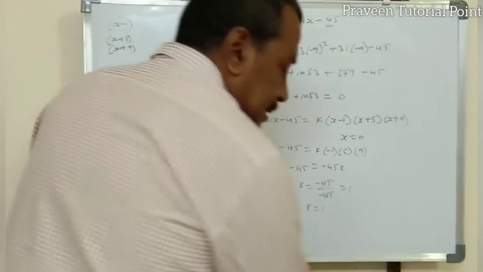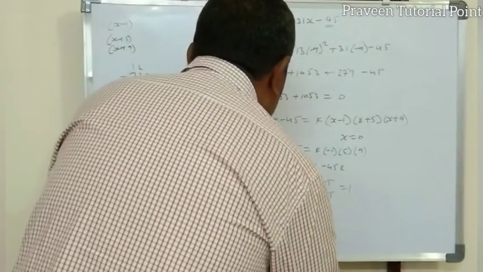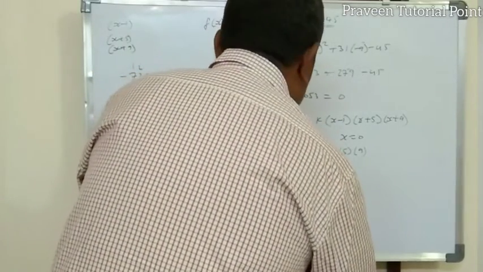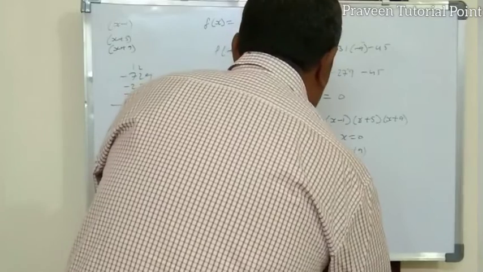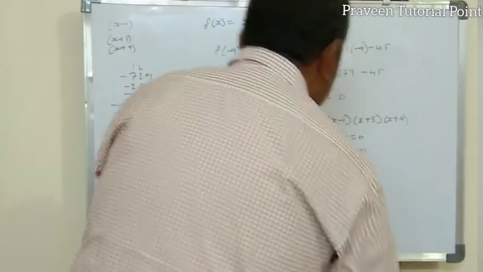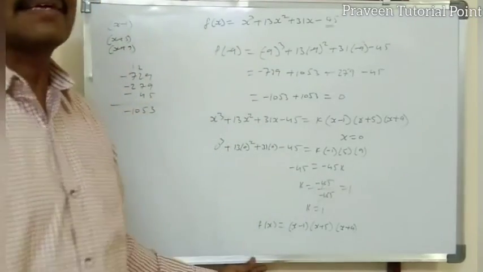So we can write f(x) is equal to (x minus 1) into (x plus 5) into (x plus 9). We got the 3 factors.